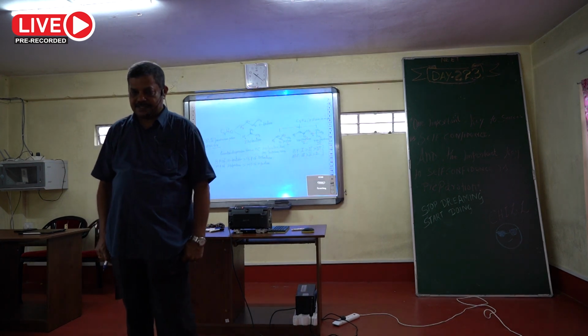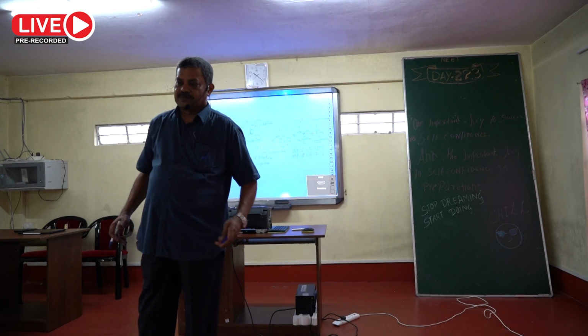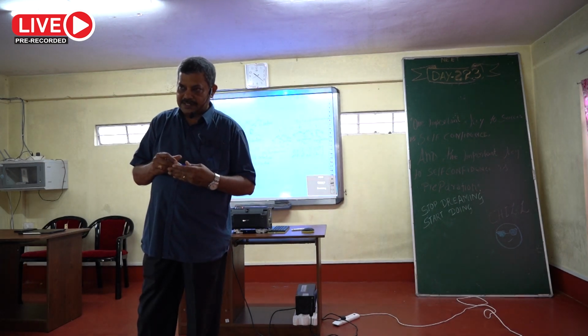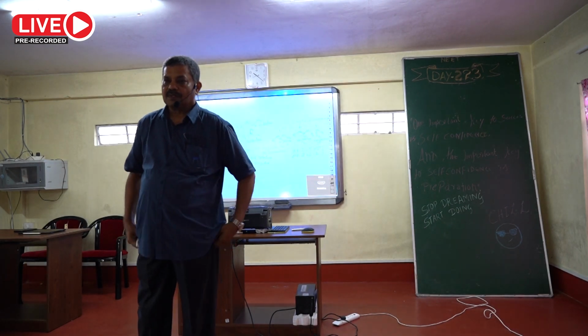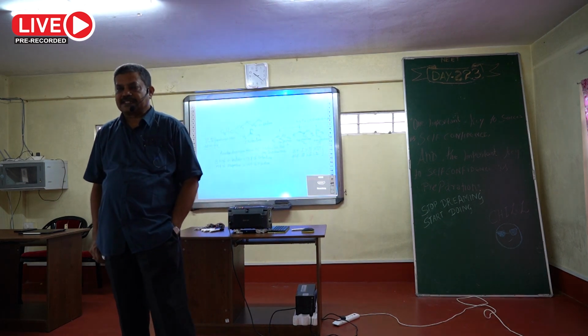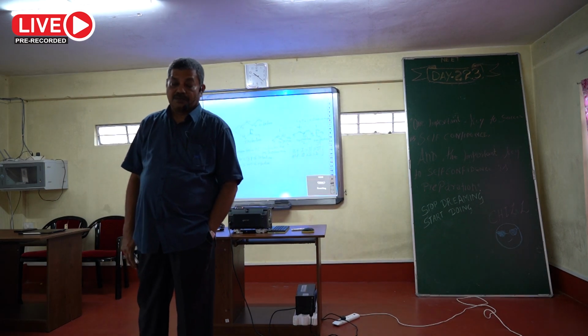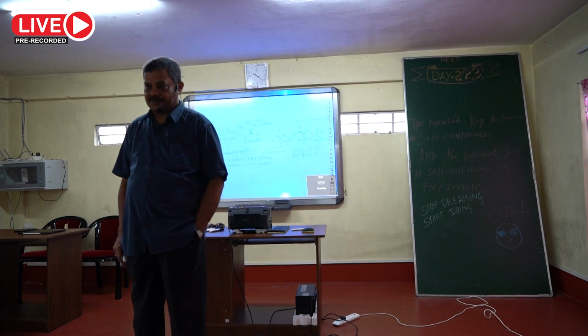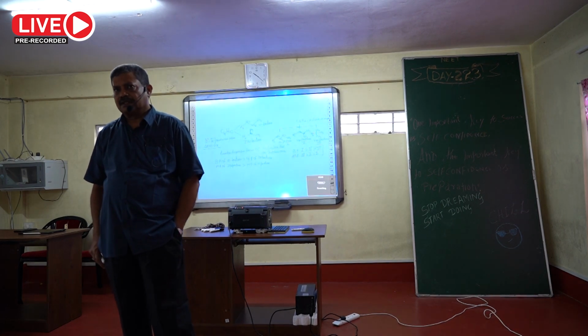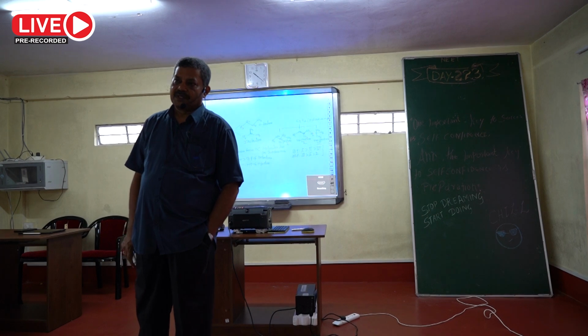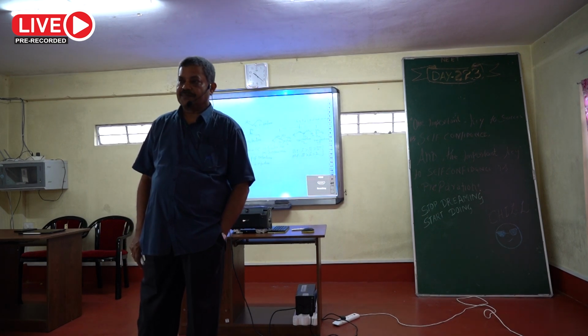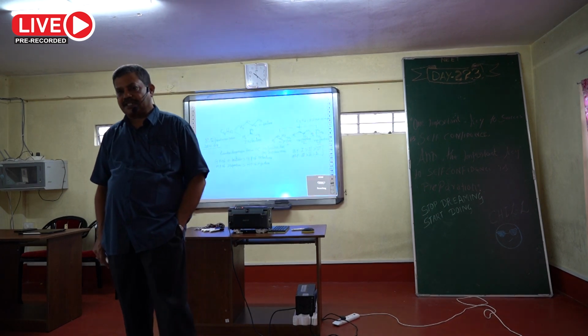Next point, in isomeric alkanes, with increase in branching, the molecular size decreases.